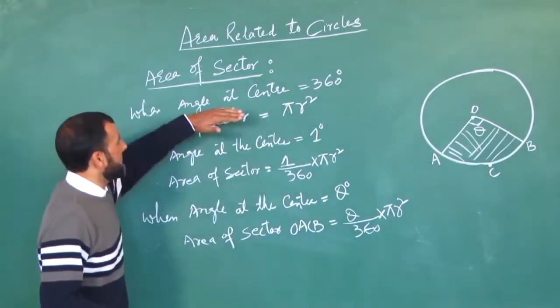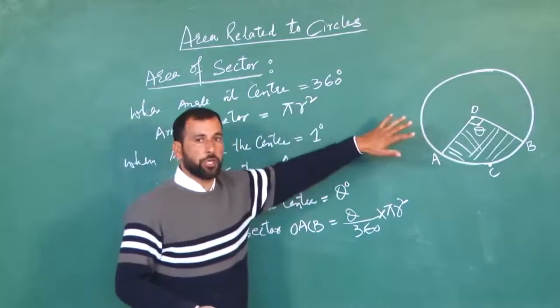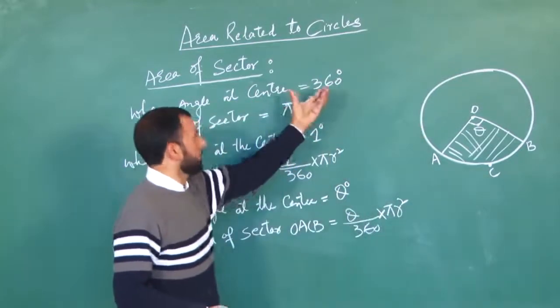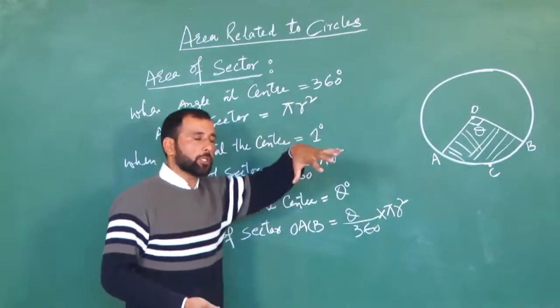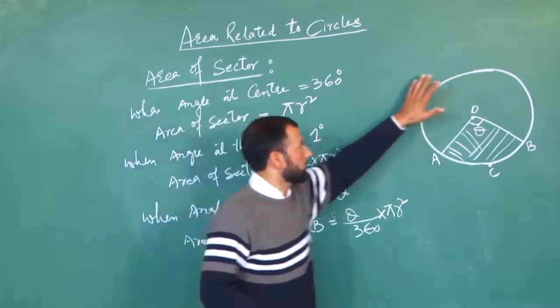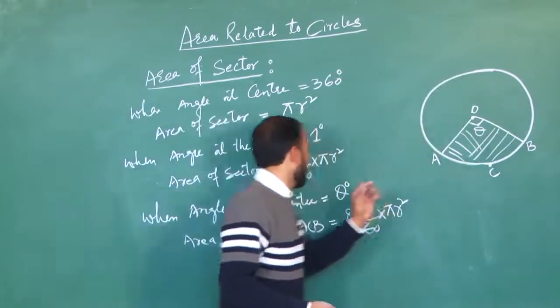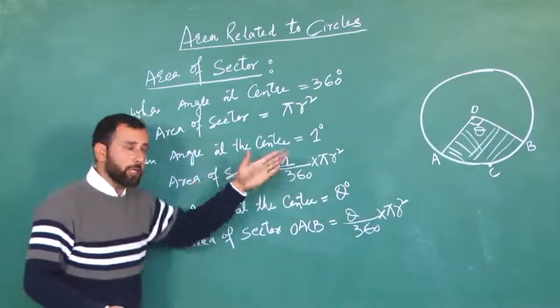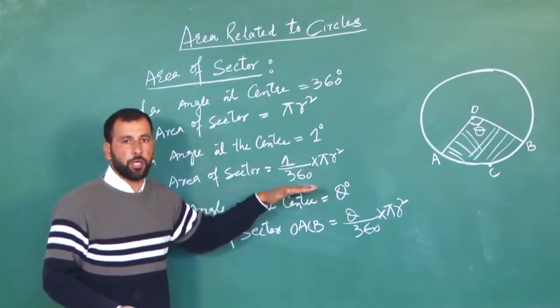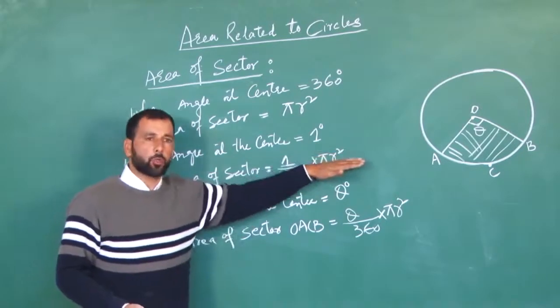Now, when the central angle is 360 degrees, the figure so formed is a circle. So when the central angle is 360 degrees, the area of the sector is equal to pi r squared, because the circle is the complete angle. When the angle at the center is 1 degree, the area of the sector is 1 divided by 360 of the complete angle times pi r squared.